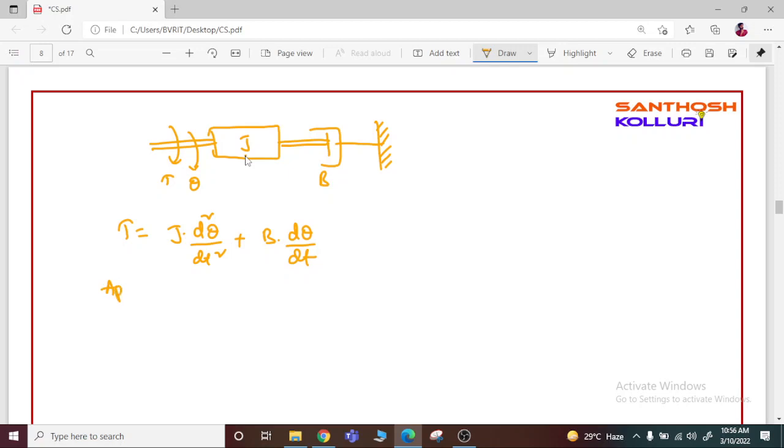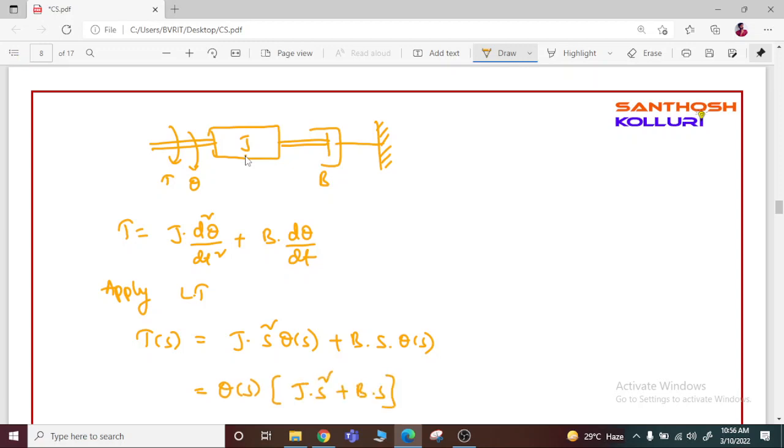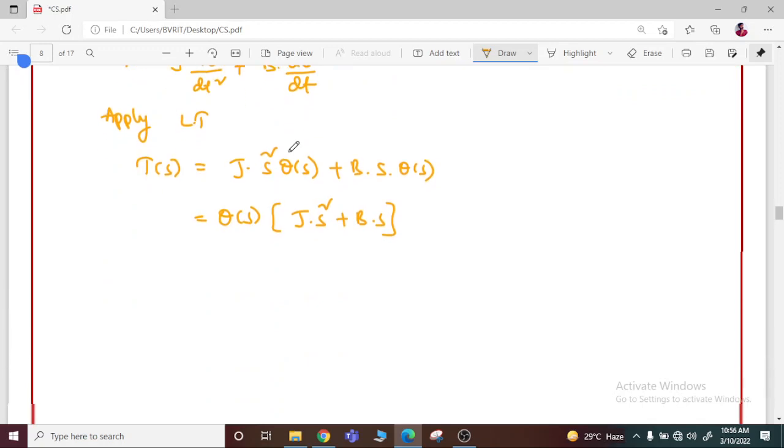So apply Laplace transform to this. Therefore T of s can be written as J into s square into theta of s plus B into s into theta of s. From this, take theta of s as common, (J into s square plus B into s). So this is the torque equation T of s, equation number 3.